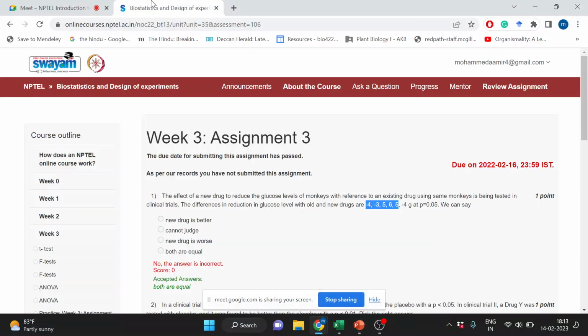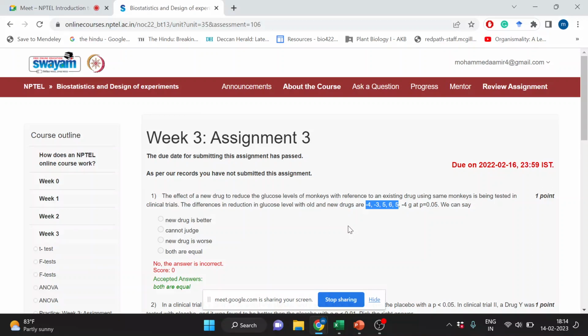Okay. So there are two drugs, which are designed to reduce the glucose level of monkeys. Maybe how the experiment was done was you have drug A, you administer it, you record the glucose level. Maybe after a few days, when the glucose levels go back to their normal steady state, you administer drug B, and you measure the glucose level.